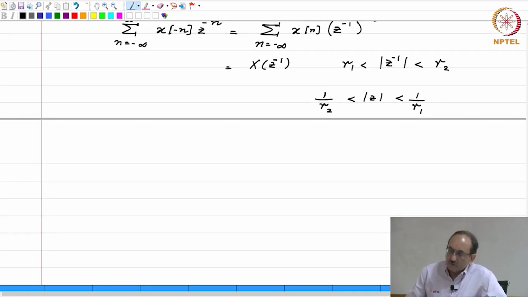And again we can use this property to derive this transform.